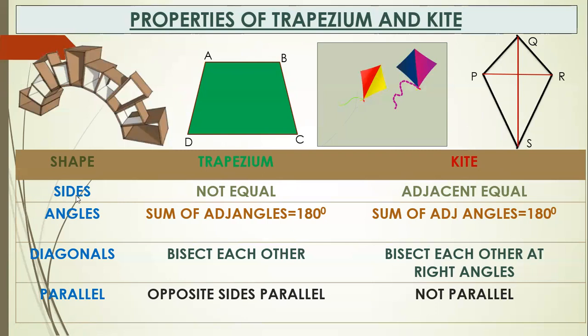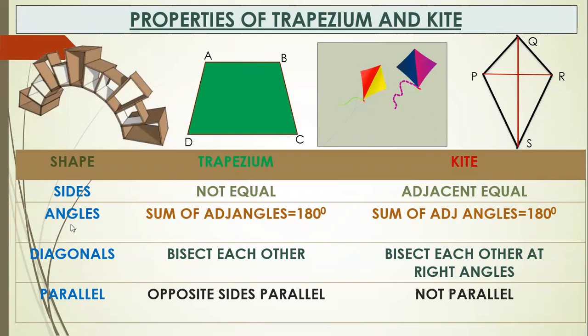Now the sides. In a trapezium, all the sides are not equal. These two, AD and BC, we can call the legs of the trapezium. And in the kite, only the adjacent sides are equal. So PQ is equal to QR and PS is equal to SR.